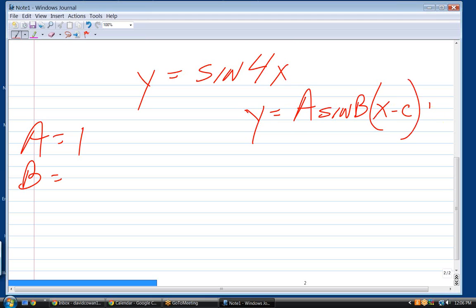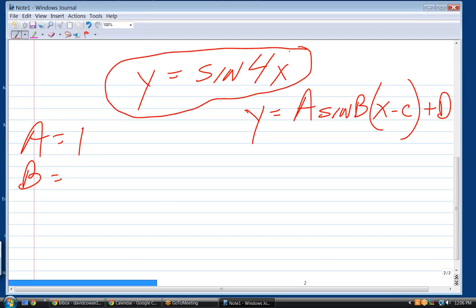You may have only had problems that involve a and b. For instance, this function right here only has an a and a b. It does not have c, which is the phase shift, and it does not have a d, which is the vertical shift.